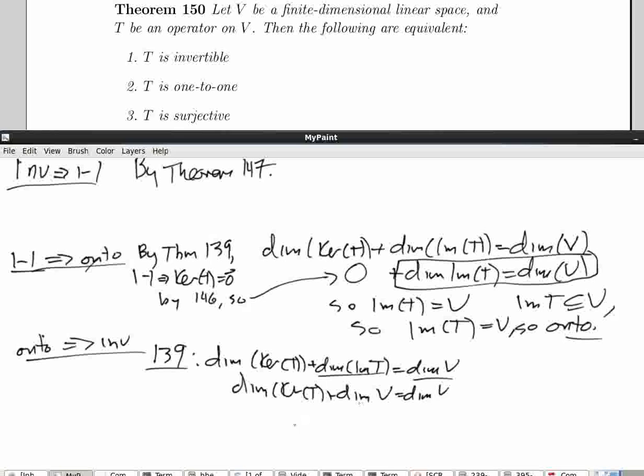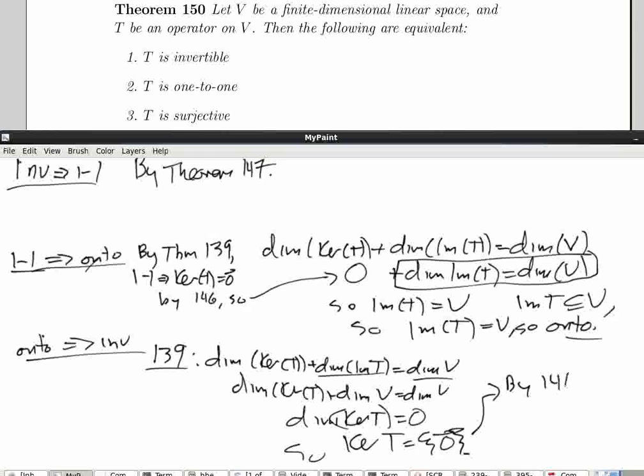In other words, the dimension of the kernel equals 0. The only thing with dimension 0 is the thing that only contains the 0 vector. So the kernel of T is equal to 0. So, by 146, T is 1 to 1.